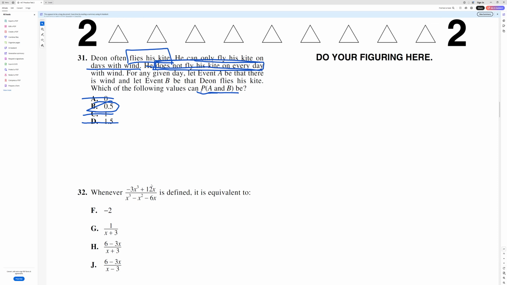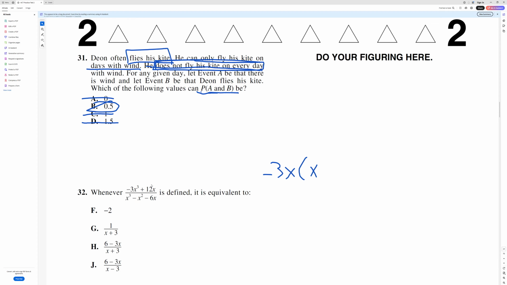All right. So what happens here? What is this equivalent to? I'm going to have to factor the top. Let me factor a negative 3x, and that's going to leave me with x squared minus 4. So it's negative 3x times x plus 2, x minus 2, a difference of squares.